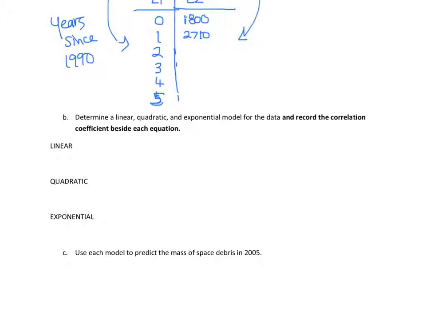So you're going to find your instructions for regression, and you're going to go through that process 3 times. You only have to enter the data once. Okay, and then you're going to go through and do a linear regression, followed by a quadratic, followed by an exponential. And notice I've said here, record the correlation coefficient beside each equation, because that's how you're going to determine which one is the best fit.